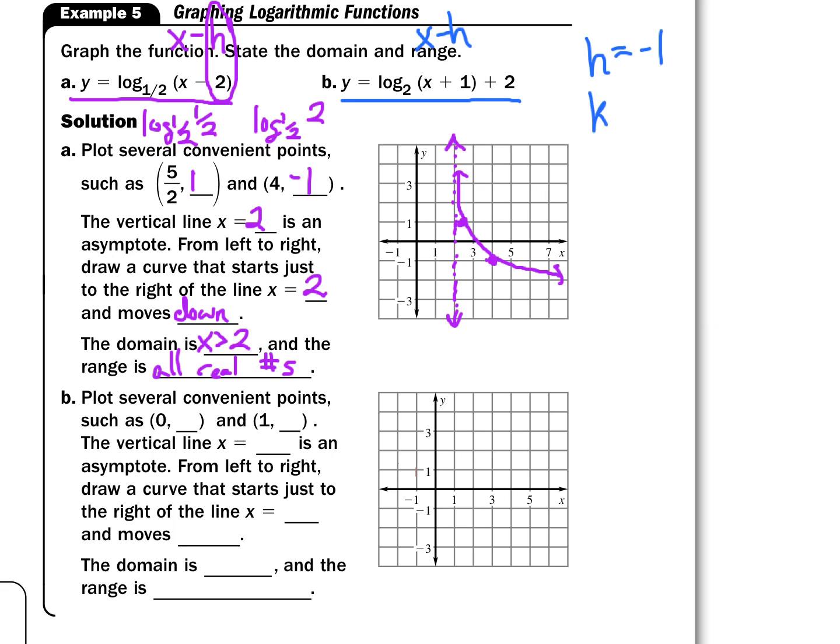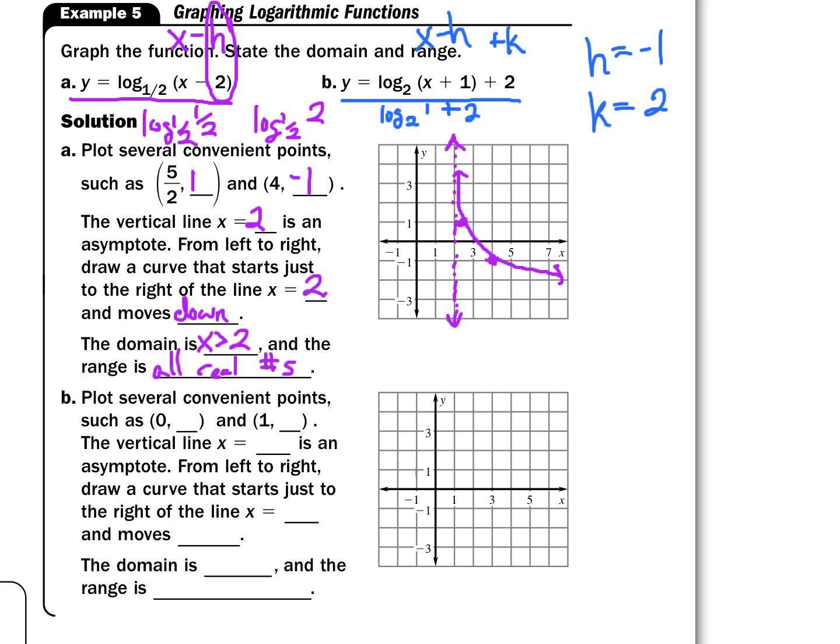And my k is equal to +2, because remember it's plus k. So I'm going to shift up 2 and to the left 1. Now if I just plot some points here, if I plug in 0, that would be log base 2 of 0 plus 1, which would be 1, plus 2.